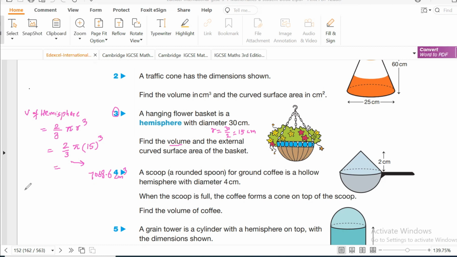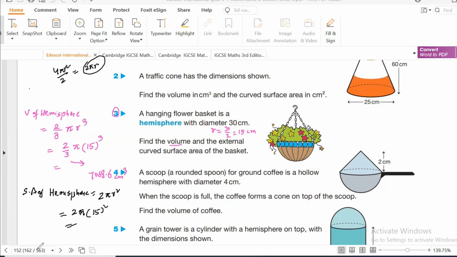Next we will find the surface area. The surface area of a hemisphere is 2 pi r squared, because the surface area of a sphere is 4 pi r squared, so we take half of this. Again, r is 15, so 15 squared.